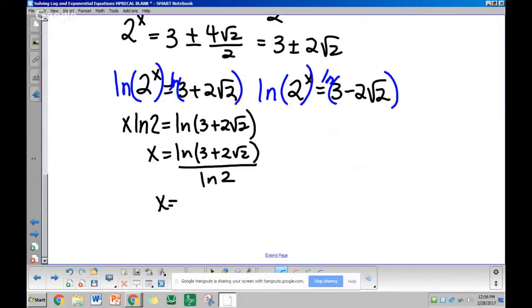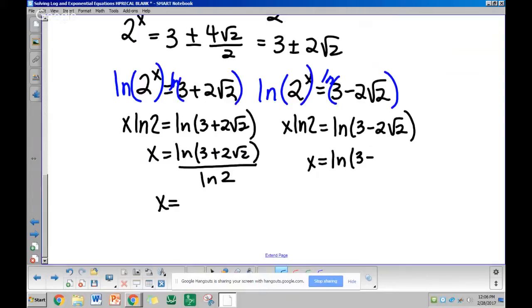And then this one is going to be the same answer, except it's going to have a negative sign. So x natural log of 2 equals natural log of 3 minus 2 root 2. X equals natural log of 3 minus 2 root 2 over natural log of 2.